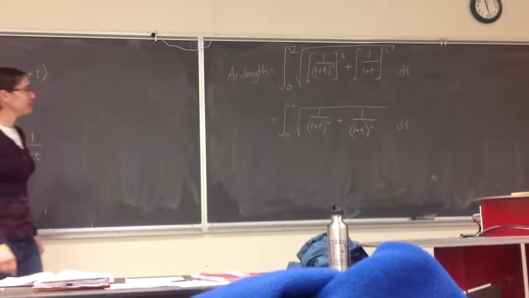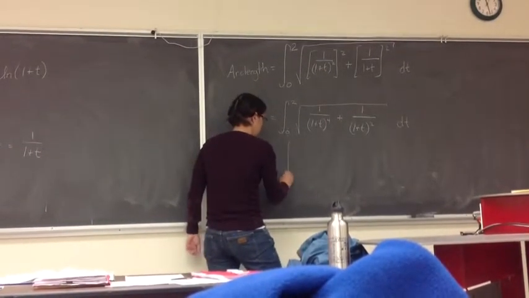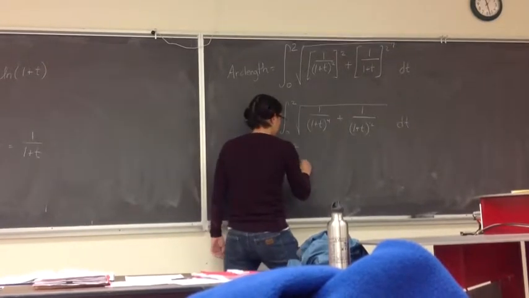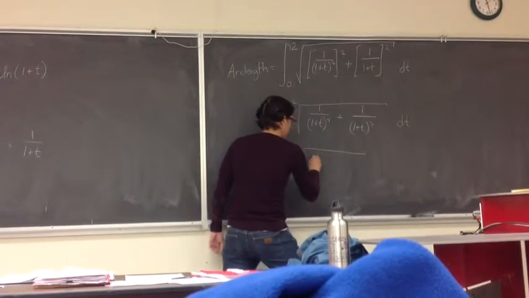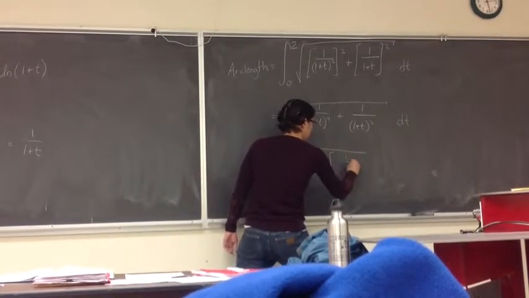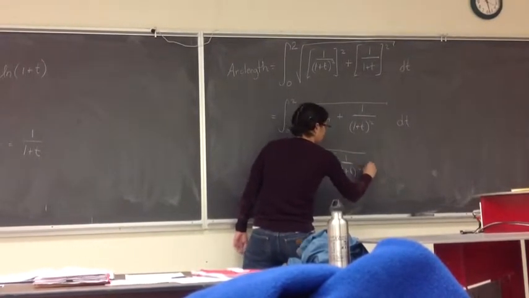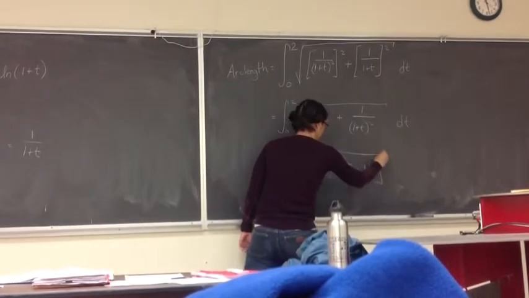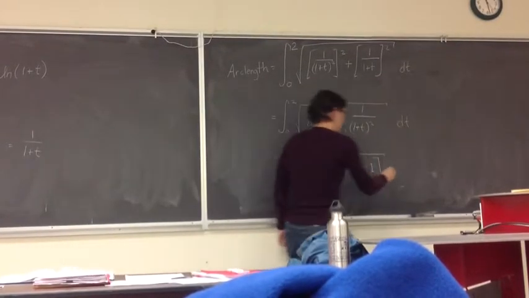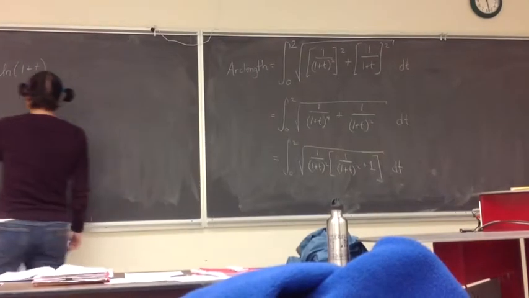Factored out 1 over (1 plus t) squared. Okay, so you've got the integral from 0 to 2 of the square root of 1 over (1 plus t) squared times 1 over (1 plus t) squared plus 1, and then a dt at the end. Seems reasonable so far.